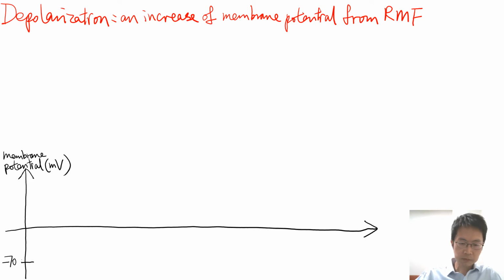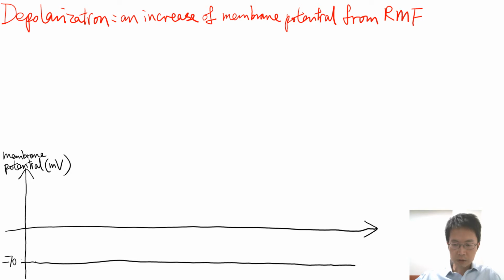So you know that you have the minus 70 here. This is your resting membrane potential. Let's say your membrane potential now increased to minus 55.